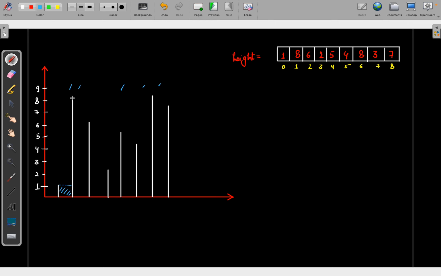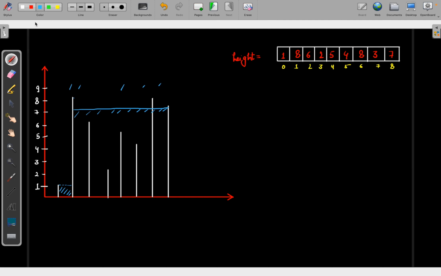Maybe you were thinking that this will be your maximum water level, but if you calculate the area, another pair will give the maximum, because here the length is decreased, so it won't be the maximum. We will check it.